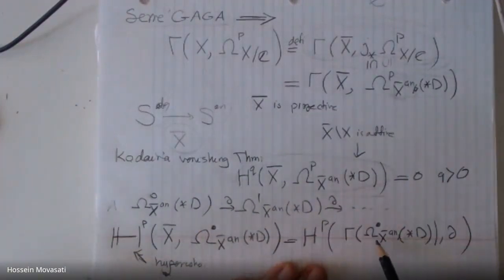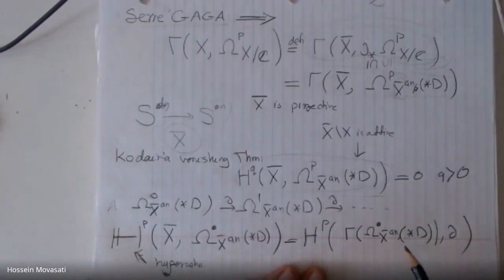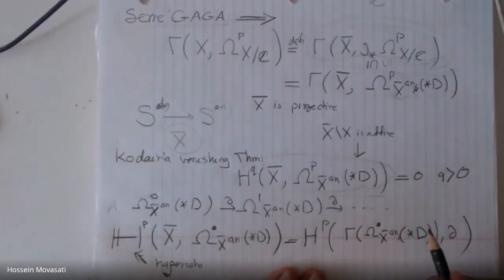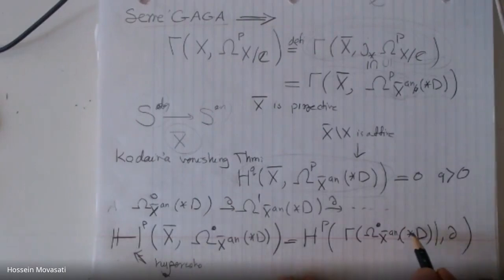Then you take these global sections, let's say the complex of global meromorphic forms in X bar with poles along D, and then you have the differential, and then you take the kernel divided by image.